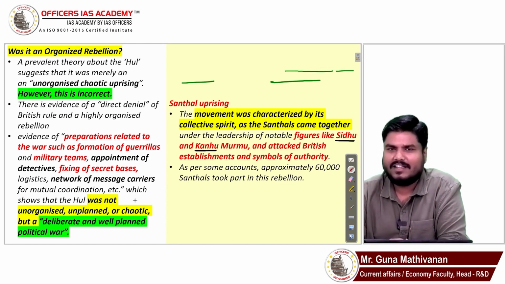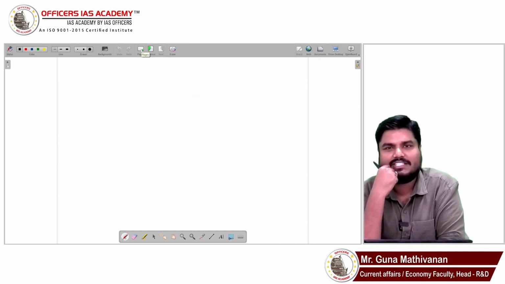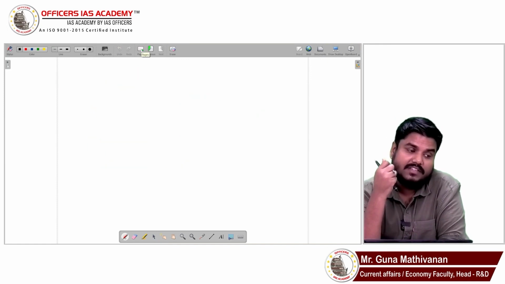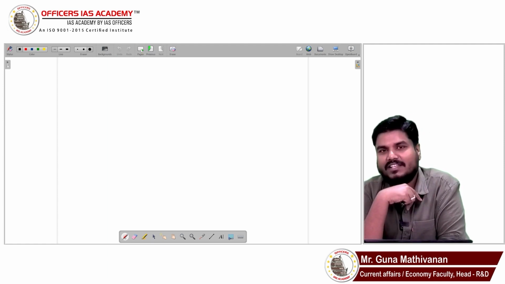However, it was curtailed. Because the tribes were not having advanced weapons. They were having only primitive weapons. But however, they gave a tough fight to the Britishers. So that is called the Santhal Rebellion.